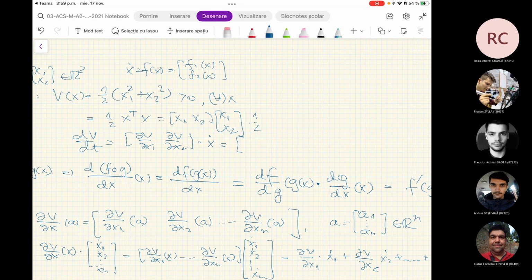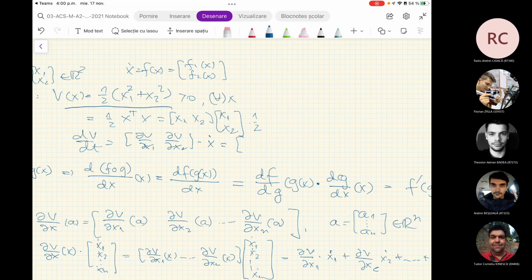What is dV/dx1? The derivative of V with respect to x1, how much is that? Partial derivative, understand.